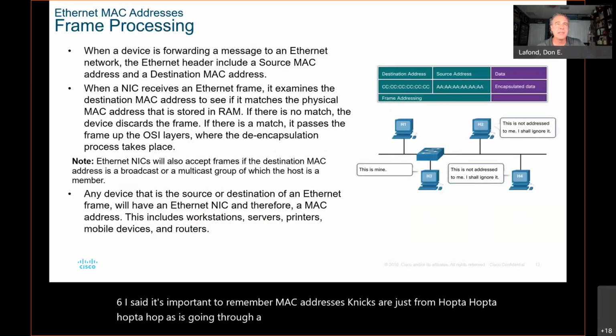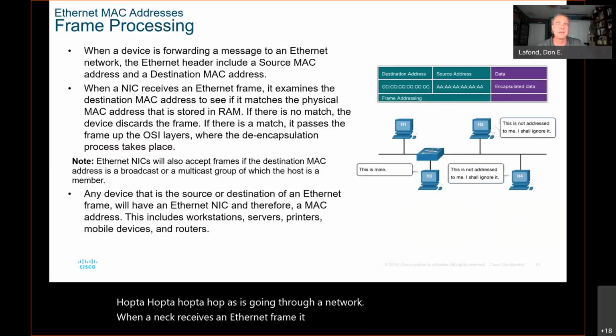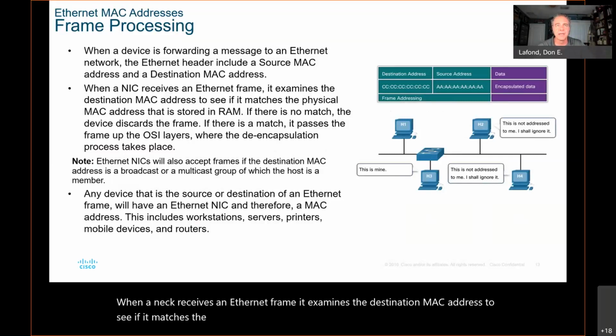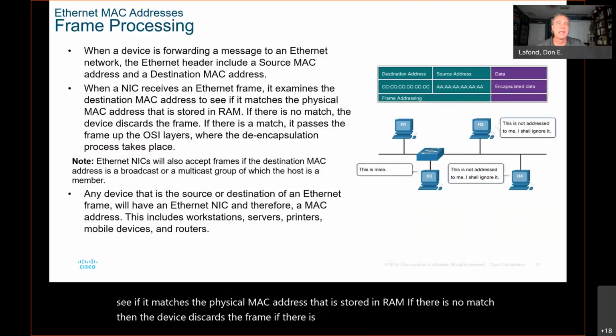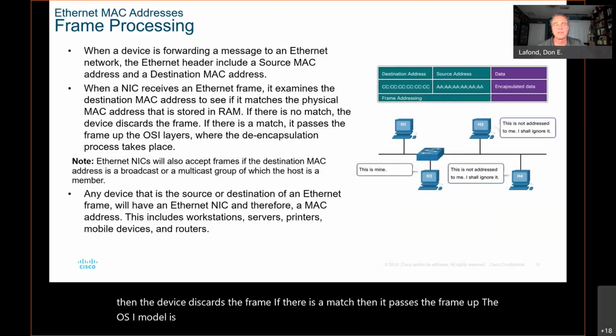When a NIC receives an Ethernet frame, it examines the destination MAC address to see if it matches the physical MAC address that is stored in RAM. If there is no match, then the device discards the frame. If there is a match, then it passes the frame up the OSI model where the decapsulation process takes place. That means you've reached your destination. If it's the right MAC address, that's where it belongs.